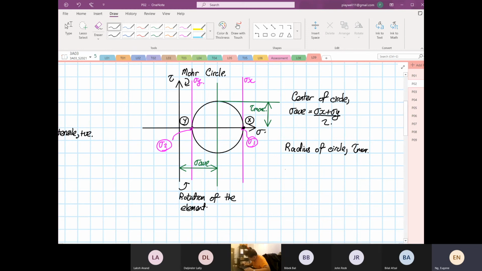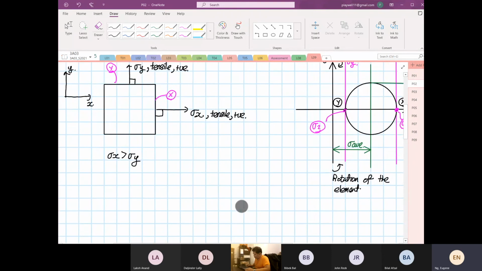So stress 1 and 2 are the principal stresses, where we realize that the shear stress is equal to 0. Right. So this is quite a comprehensive introduction to Mohr circle, telling you how to calculate your stress average, tau max, things like that.